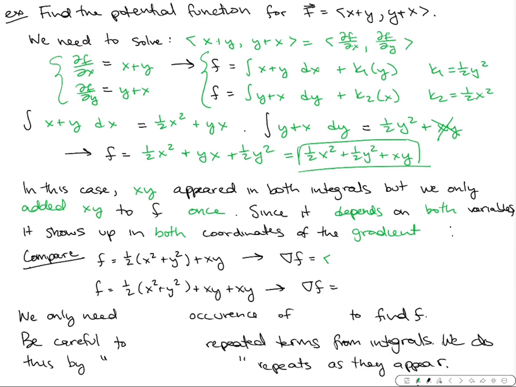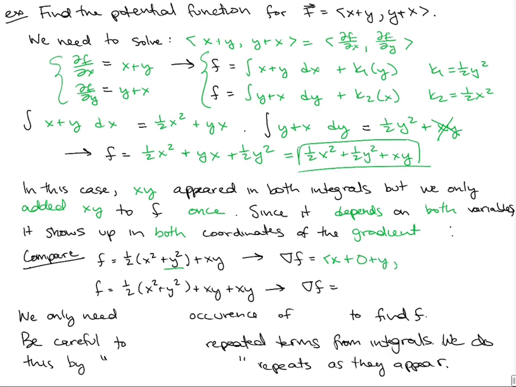From 1/2 x squared, I get an x. From 1/2 y squared, I get nothing. And from xy, I get plus a y. To be extra clear, I'll write x plus 0 plus y.